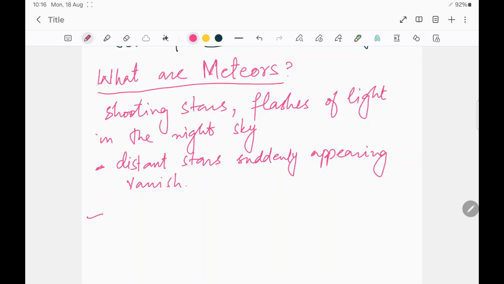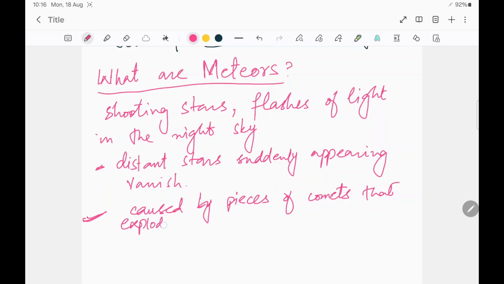And what are the causes of these meteors? Actually they are caused by pieces of comets that exploded long ago, or we may say that these pieces follow the original comet's orbit.